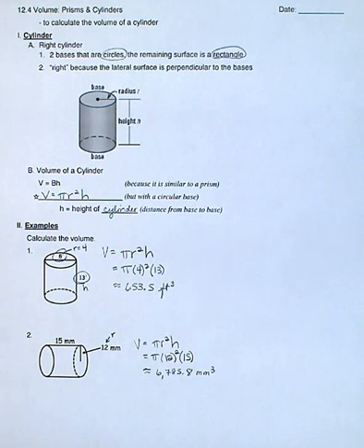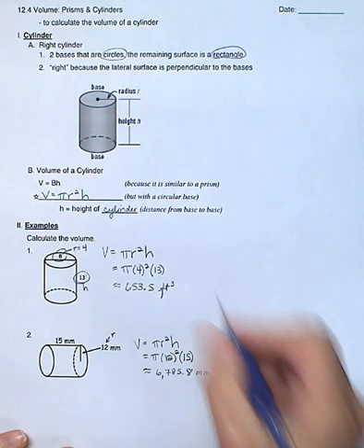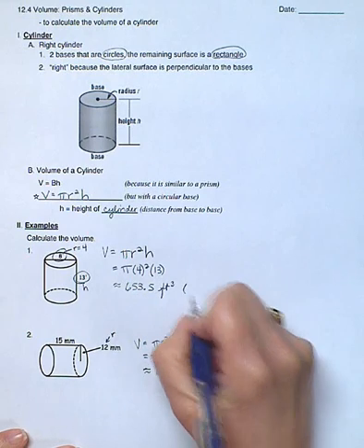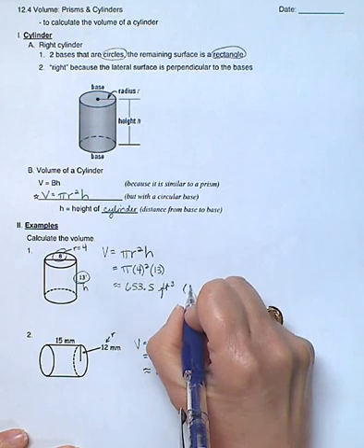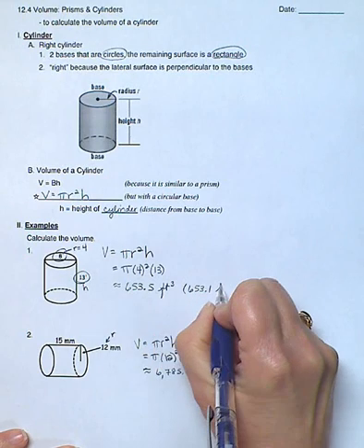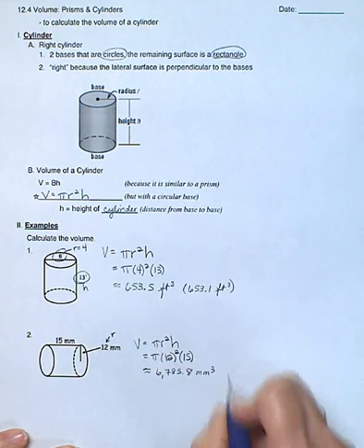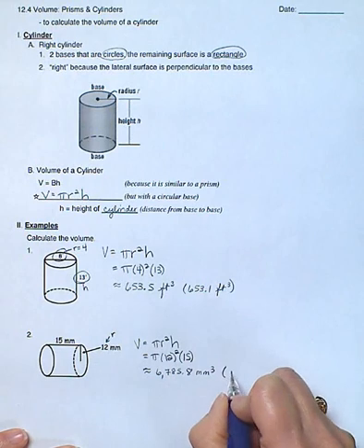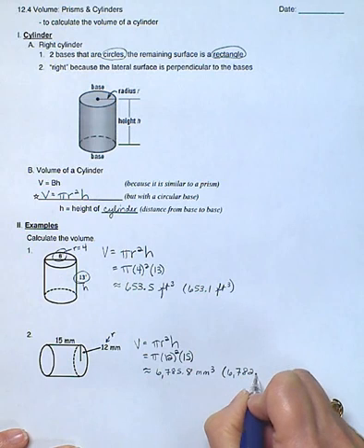Now what if you don't have the pi button? What if you're having to use 3.14? In the first example, 3.14 gives you 653.1 feet cubed, and in the second example it gives you 6,782.4 millimeters cubed.